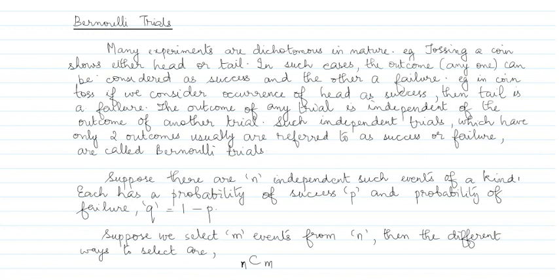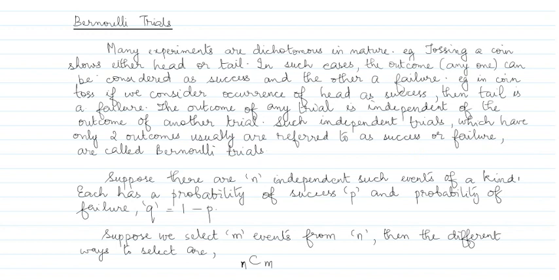When you toss a coin, you are not very sure what the outcome is going to be. So in each trial, there will be a probability of success p and a probability of failure which is given by 1 minus p. I hope this is understandable.